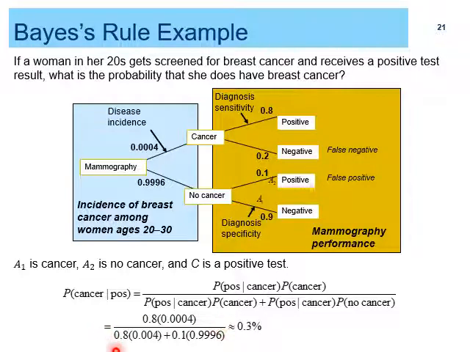What are we going to divide it by? It would be 0.8 multiplied by 0.0004 plus 0.1 multiplied by 0.9996, because this is also positive. So we will also take this condition, and this is the Bayes theorem we earlier studied, and its value would be 0.3%.